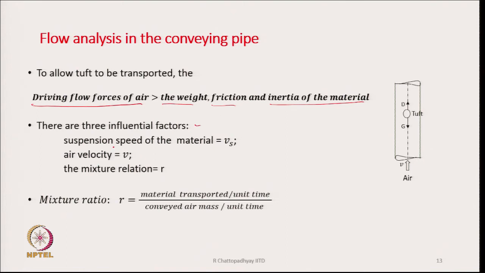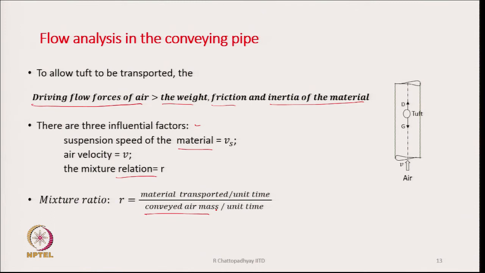So, there are three influential factors. One is the suspension speed of the material, called Vs, the velocity of the air, which is V, and the mixture ratio, called mixture relation, which is R. And what is this mixture ratio? It is the material transported per unit time over the conveyed air mass per unit time.